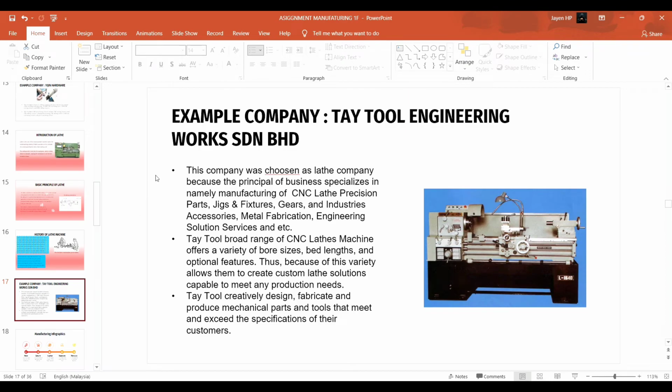The last one is the lathe company, for which we take Tay Tools Engineering Works Sdn Bhd.